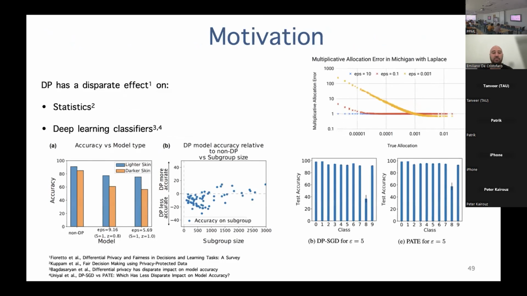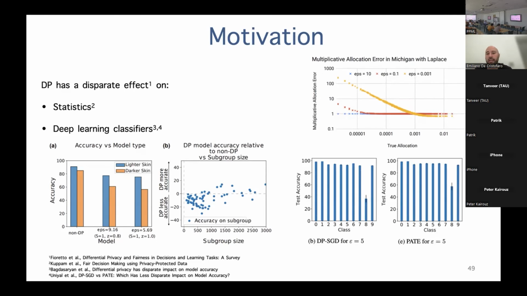This was motivated by previous work in the context of statistics and deep learning classifiers, so not generative models, let's say discriminative models, that show that when you train models in a differentially private way, the loss in accuracy on the classification task, for instance, is different across different subgroups.